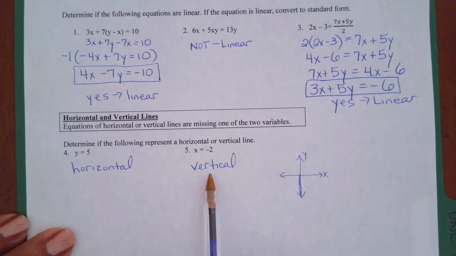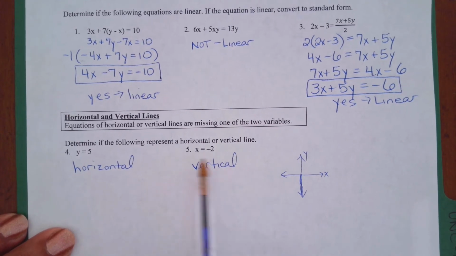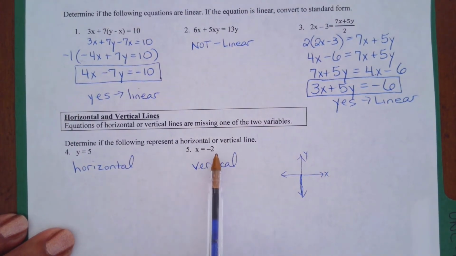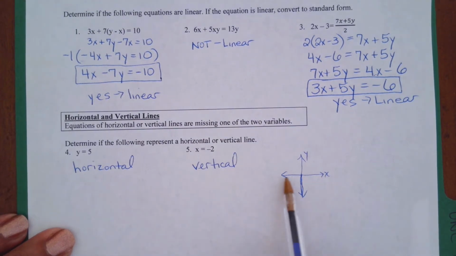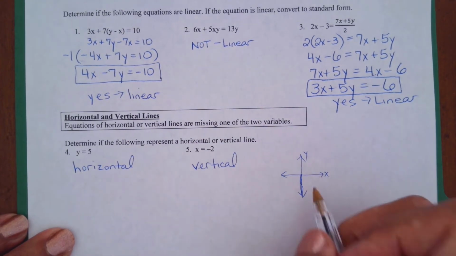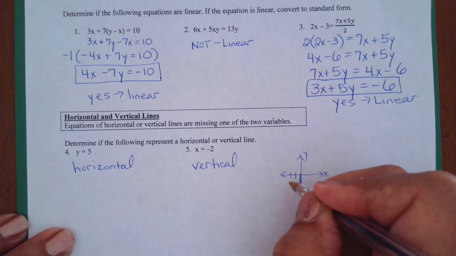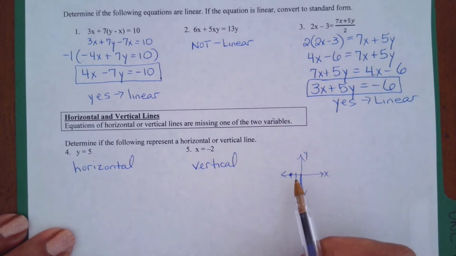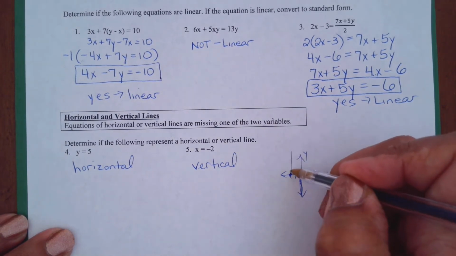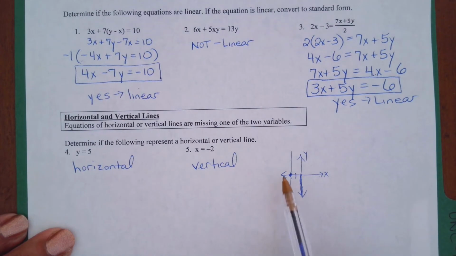Remember, that's opposite of what you think, because when you look at x equals a number, then that means you got to go to this axis and go to -2. Well, x equals -2 is right there, right? That's where x equals -2. So if I'm going to draw a line through -2, that line is going to go this way. It's a vertical line. That's x equals -2.